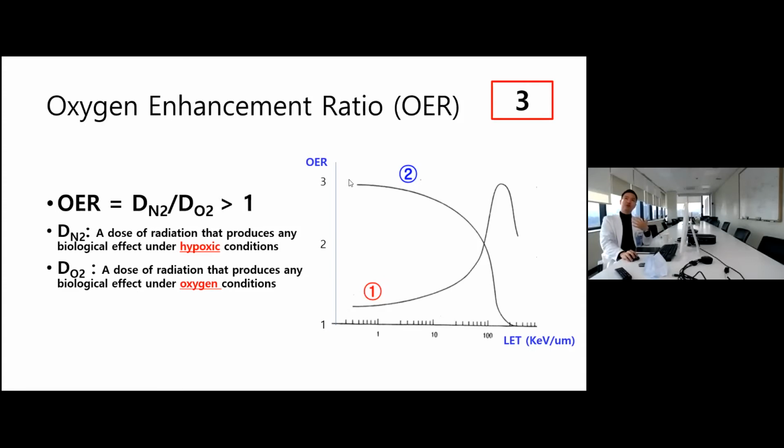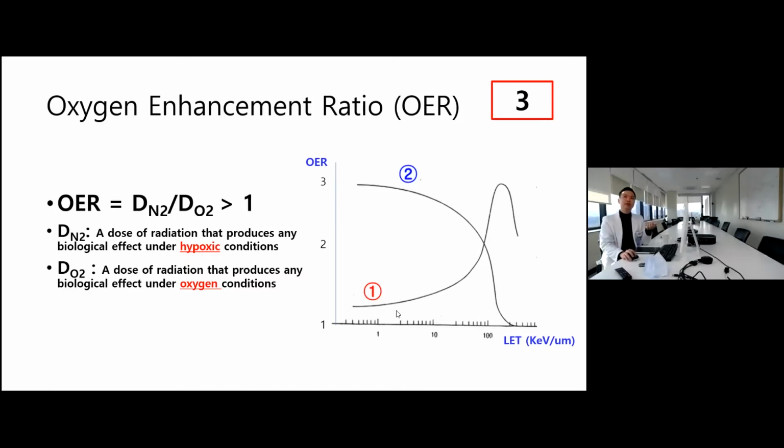So the graph will look like number 2 actually. For low LET ionizing radiations, the OER, the oxygen enhancement ratio, is high, more than 3. However, it gets lower as it goes to the high LETs.